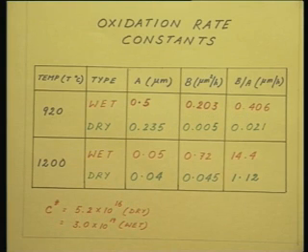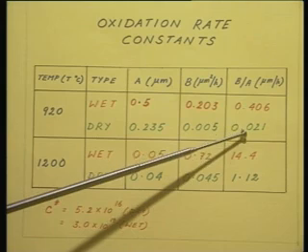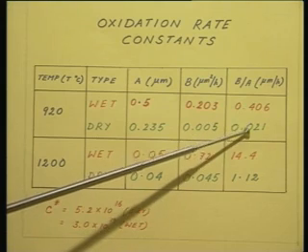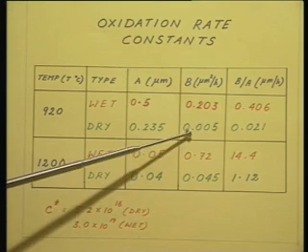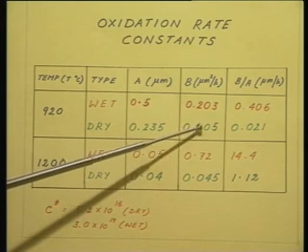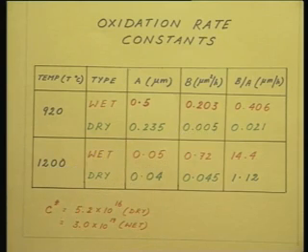Compare these values with that of the dry oxidation case. For the dry oxidation, B by A is 0.021, 20 times less. Am I correct? It is 20 times less, right? Similarly, B is 0.005, 40 times less.